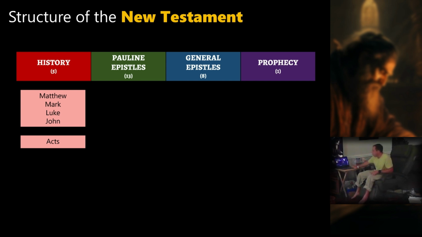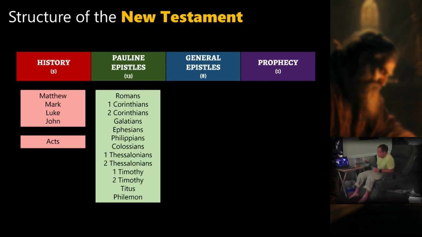And then from there you go into the Pauline epistles, and there's 13 of them. Romans, 1st and 2nd Corinthians, Galatians, Ephesians, Philippians, Colossians, 1st and 2nd Thessalonians, 1st and 2nd Timothy, Titus, and Philemon. How do you think that these books are organized?